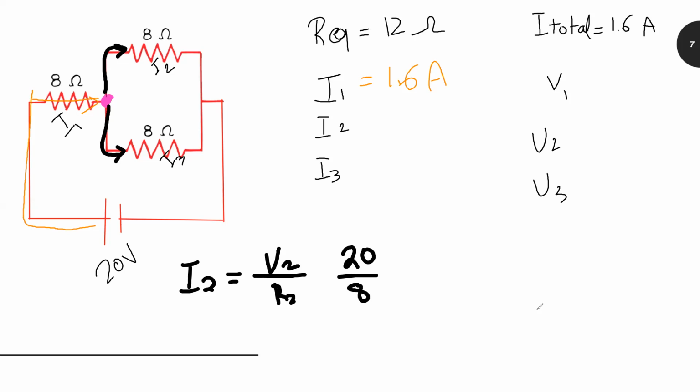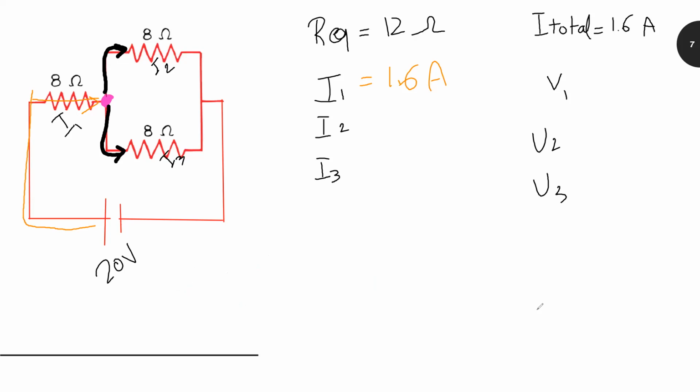Yeah, I found something wrong here. 8 and 8, it's 4 plus 8 is 12, so 20 over 12 must be 1.6. No, don't divide it. Sorry.